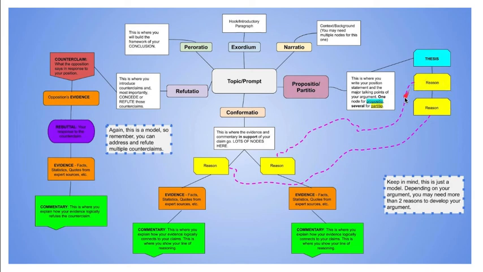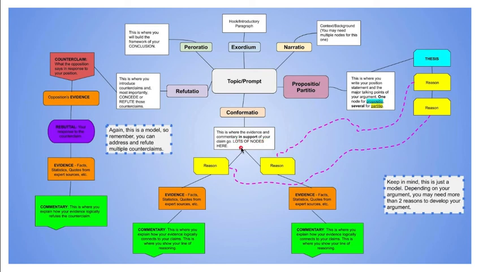Now you'll notice that I have these pink dotted lines taking us from our partitio to our confirmatio. That is because these reasons that you posted here are going to be the topic sentences for your body paragraphs. Confirmatio is where you provide the evidence and commentary in support of your claim.